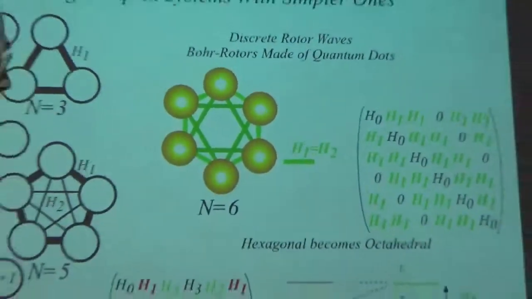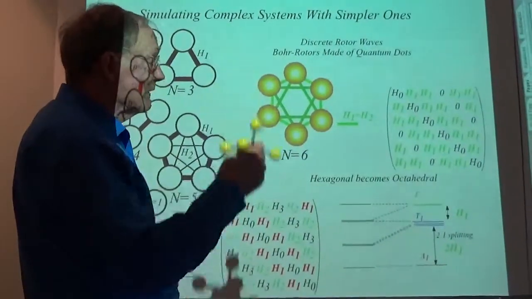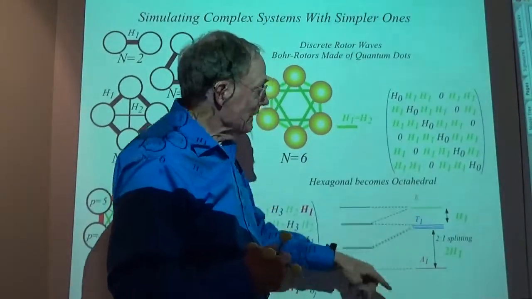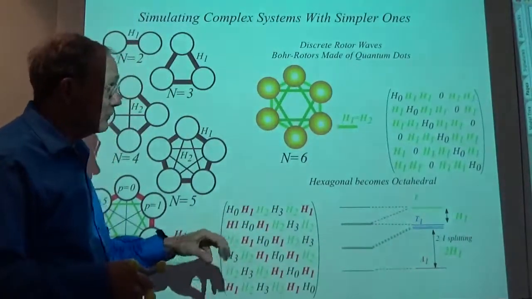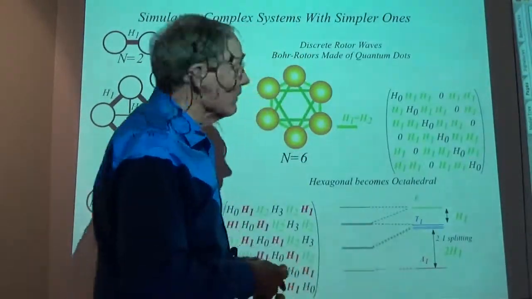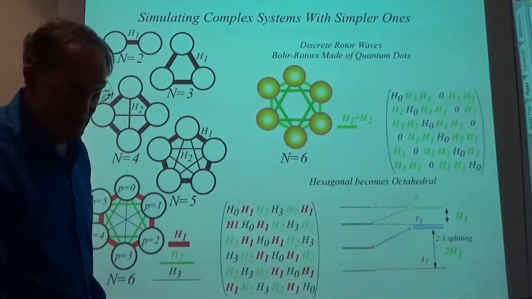There's an octahedron, okay? Later we're going to talk about tunneling of angular momentum around in a molecule like this, and we're going to see spectra that looks like that. And that's exactly what you get with this matrix when you set it up with those parameters. Take some off-neighbor parameters to do this.